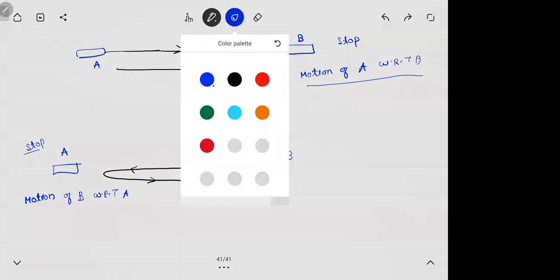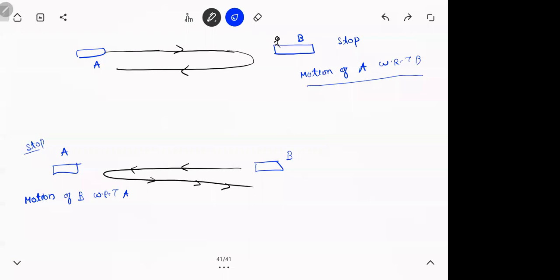Getting it? That's how it looks, nothing much. I'm just showing you how it looks from A's perspective and B's perspective. B will think A is coming towards me and then goes back. A will think B is coming backward and then goes front. Put it down. I'll show you how to solve in the next page.